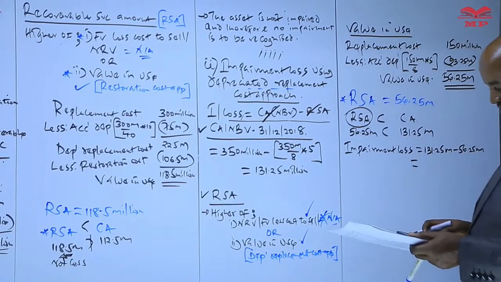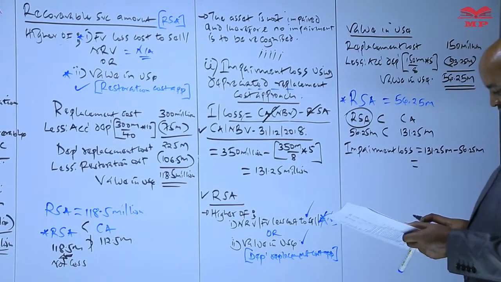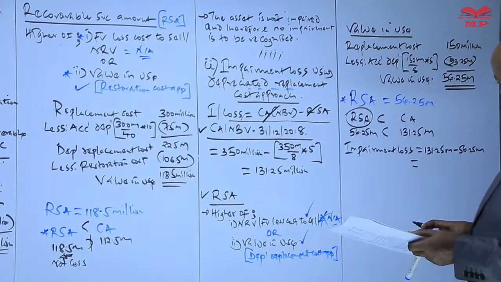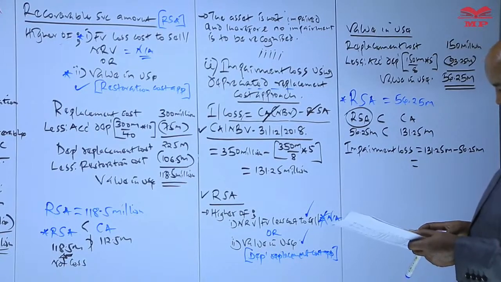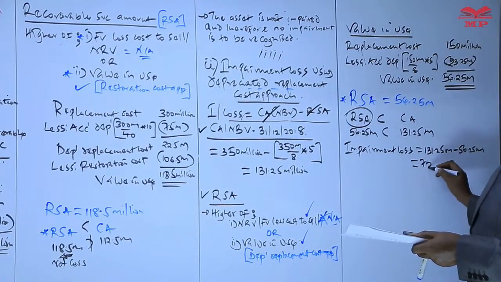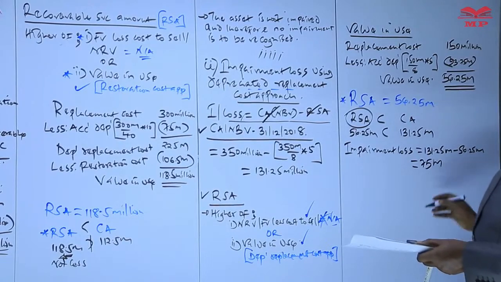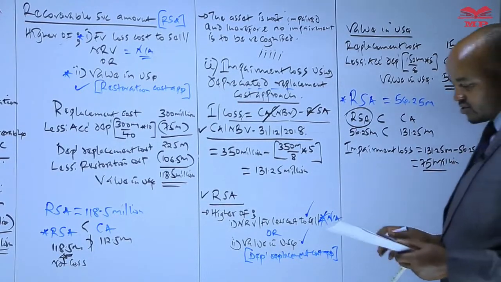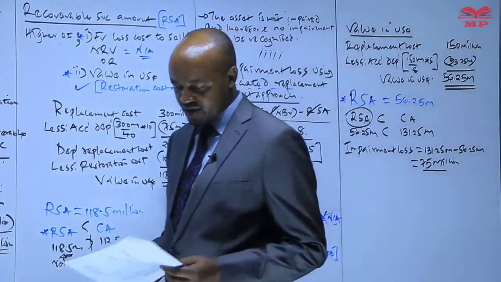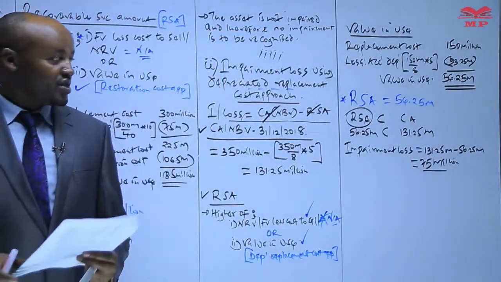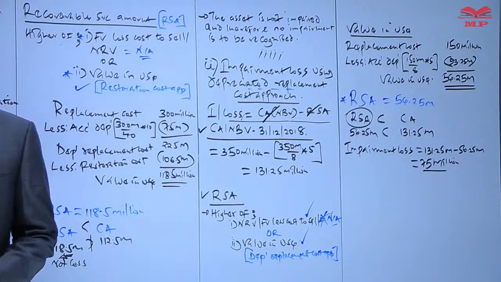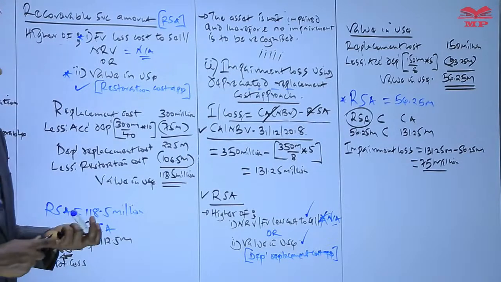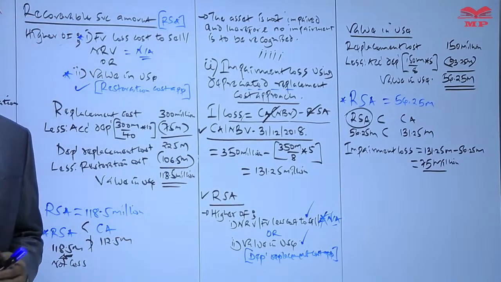We get the difference, which will be 75 million. So that is basically the impairment loss, or how we determine the impairment loss using that particular approach, which is known as the depreciated replacement cost.